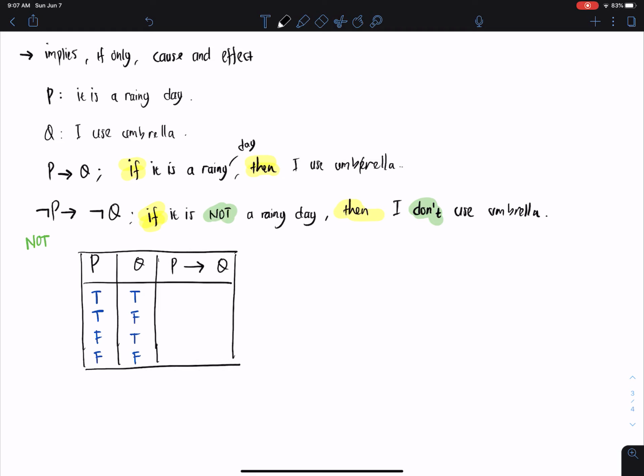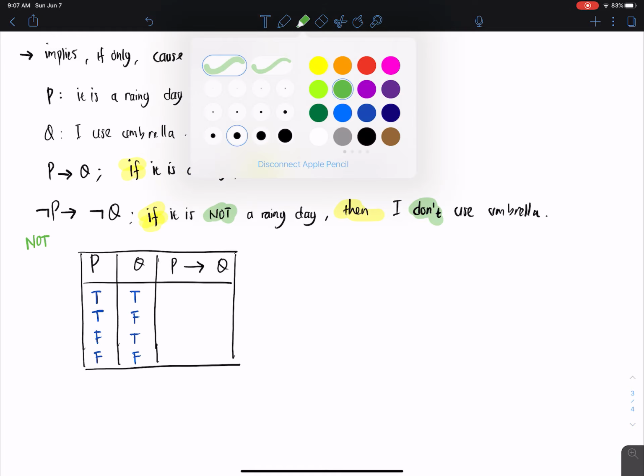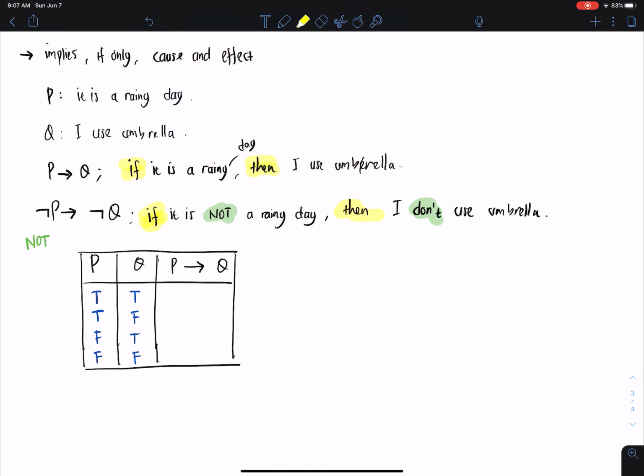Okay, so it's a bit unique, I would like to say, for implies, because in implies it will be false only in the situations the first statement is true, so you can look at row 1 and row 2, but the second statement is false, meaning we are referring to the second row in here.